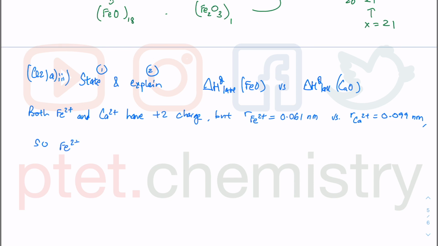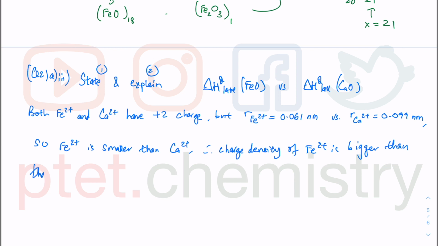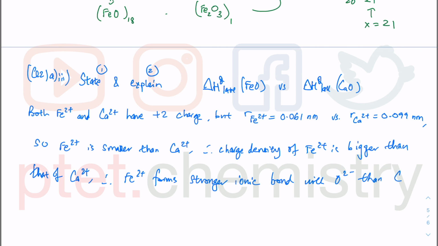Iron 2 plus is smaller than calcium 2 plus, therefore charge density, so it's charge over volume, charge density of Fe2 plus is bigger than that of Ca2 plus, therefore iron 2 plus forms stronger ionic bond with O2 minus than with calcium 2 plus.